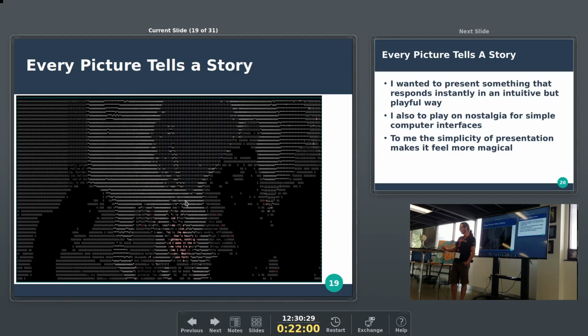But real quickly, I'll talk about a few of these things. This first one was called Every Picture Tells a Story. I've actually got it running over there, so play with it after this if you want. Basically, you're presented with a screen. As you approach it, you will notice that what's on the screen is yourself, what's in the room, being reflected back at you, generated as ASCII art.